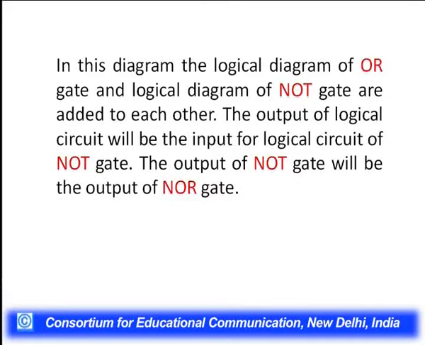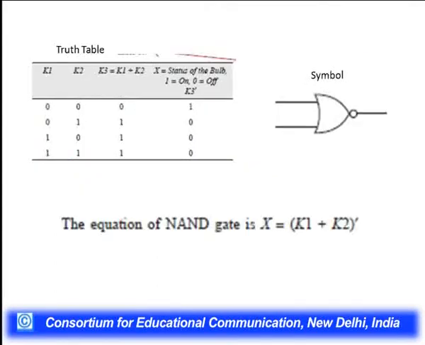The output of the NOT gate will be the output of the NOR gate. Let us see here the truth table for the NOR gate. The circuit is given two variables K1 and K2. All possible combinations of K1 and K2 are 0 0, 0 1, 1 0 and 1 1.